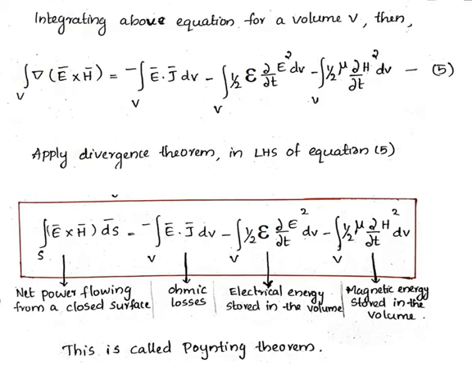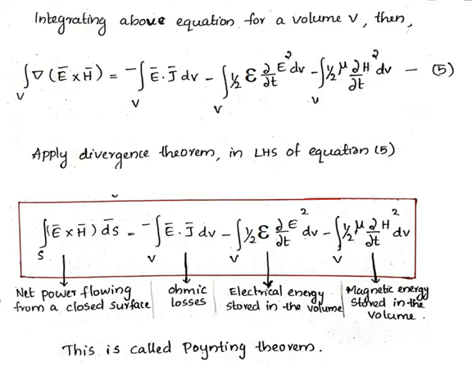The first term, that is the surface integral of E cross H ds, gives the net power flowing from a closed surface, and the volume integral of E dot J dV gives the ohmic losses. The volume integral of 1 by 2 epsilon dou by dou t of E square dV gives the electrical energy stored in the volume, and the last one, the volume integral of 1 by 2 mu dou by dou t of H square dV, gives the magnetic energy stored in the volume.